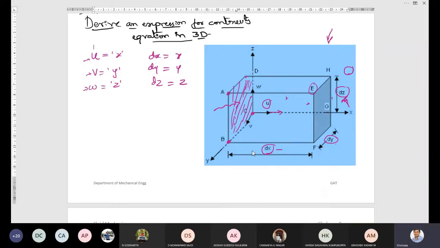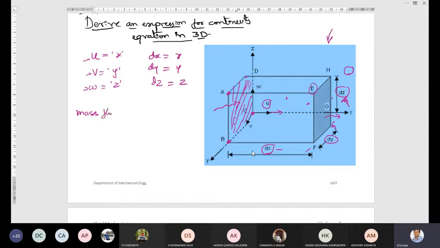E, F, G, H is the outlet surface. So A, B, C, D is inlet, E, F, G, H is outlet. Now I will write the mass. Correct? I may ask some of you questions.